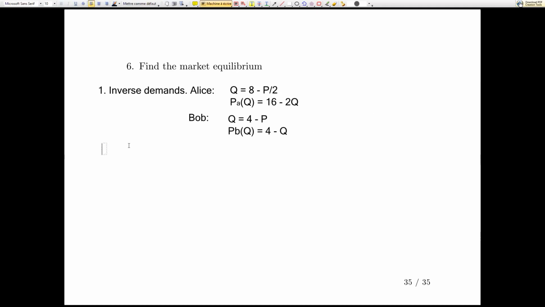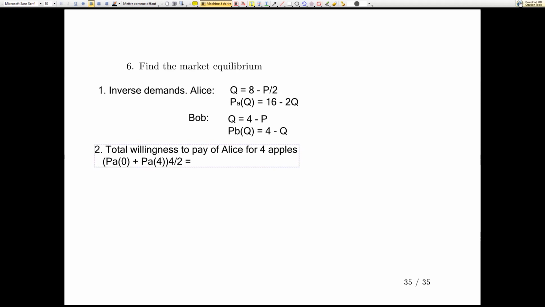So the total willingness to pay, if you remember your formula, it would be PA of 0 plus PA of 4 times 4 divided by 2.